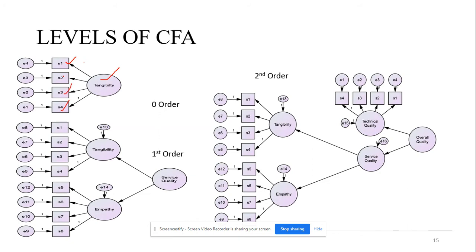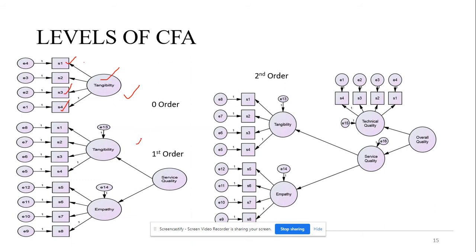This is the normal typology, how it is shown. And as I told you, if something is dependent, it must have an error term associated with it. And here this is zero order CFA.